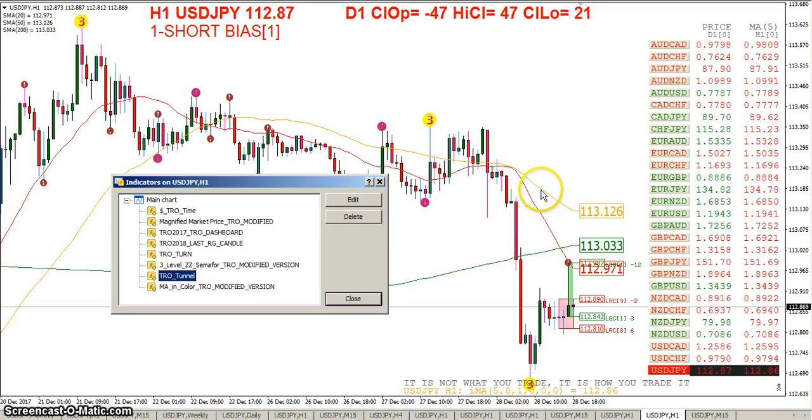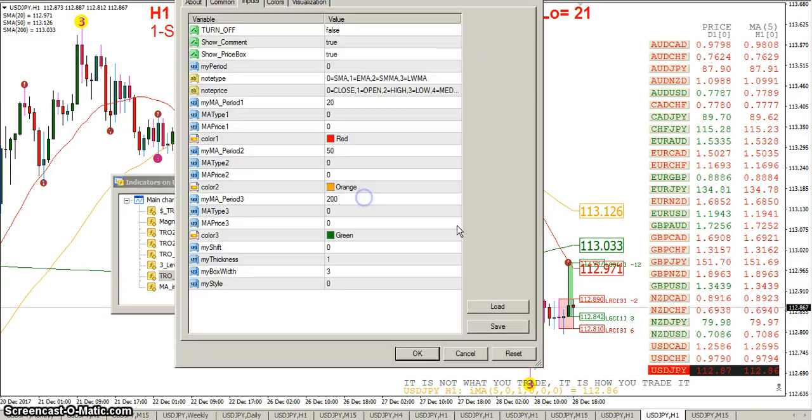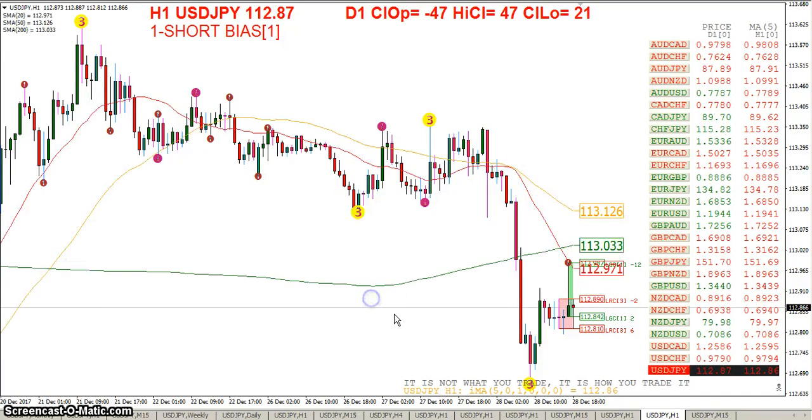They had some kind of tunnels, or this was for something else, but what we have are three moving averages. We have the 20, the 50, and the 200. And usually when you read trading magazines or see trading articles in the mainstream media, those are the moving averages they use, the 200, the 20, and the 50.